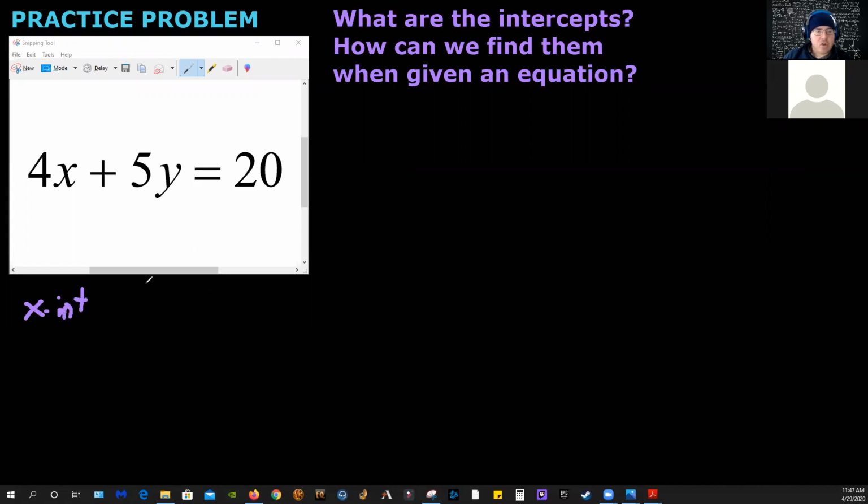Our x-intercept is always going to have a y value of 0. And our y-intercept will always have an x value of 0. And that's how we're going to crack this code.